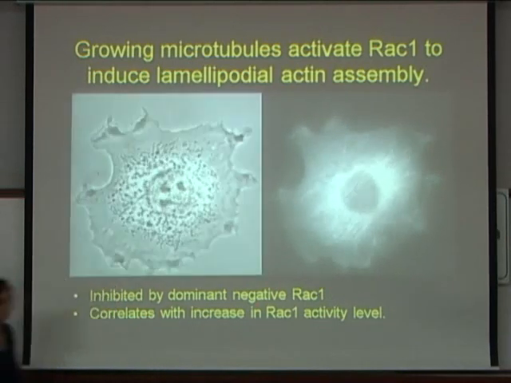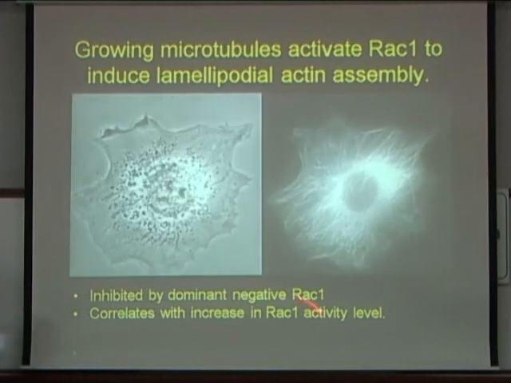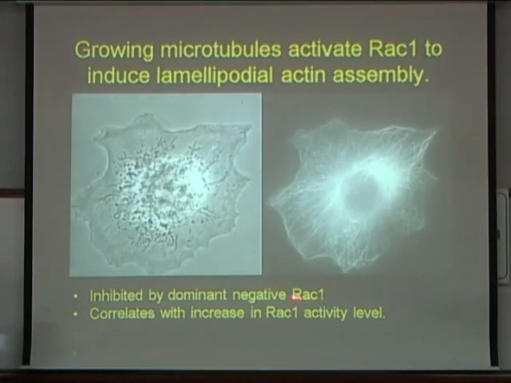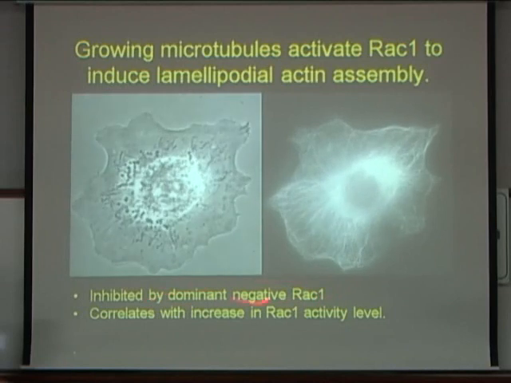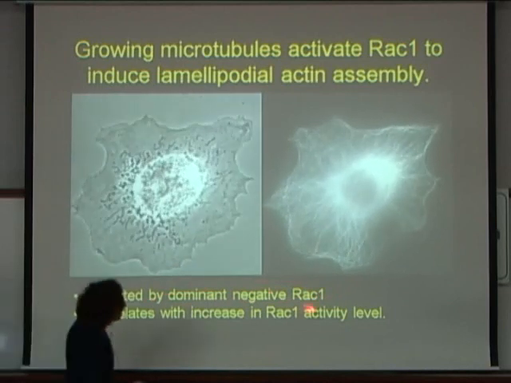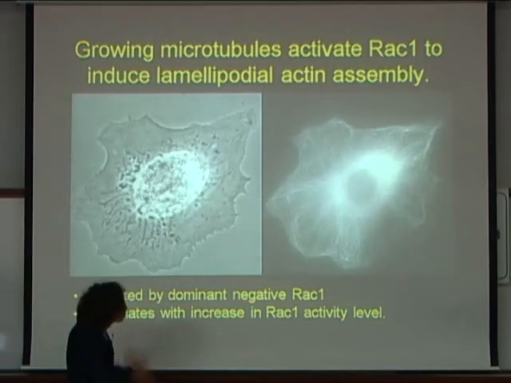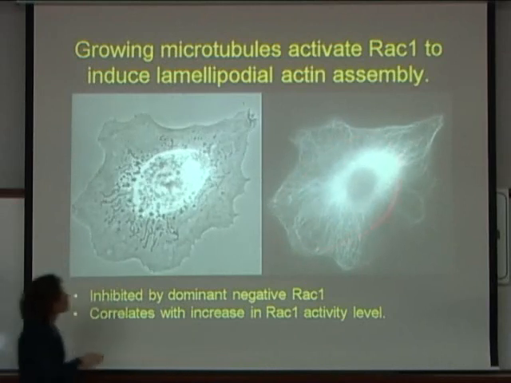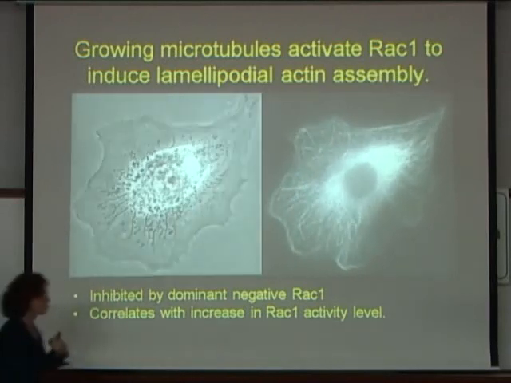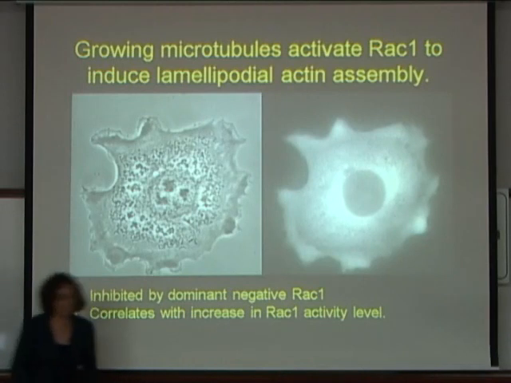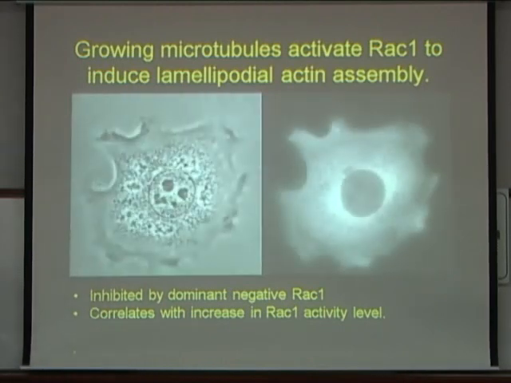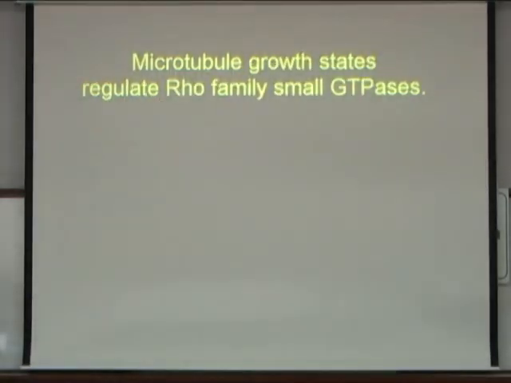I said, gosh, it really looks like microtubules are activating RAC. So we showed that we could inhibit this with a RAC inhibitor. We also showed biochemically that when you induce this burst of microtubule polymerization, this induces a burst of RAC activity in the cell that can then go on to promote the actin polymerization.